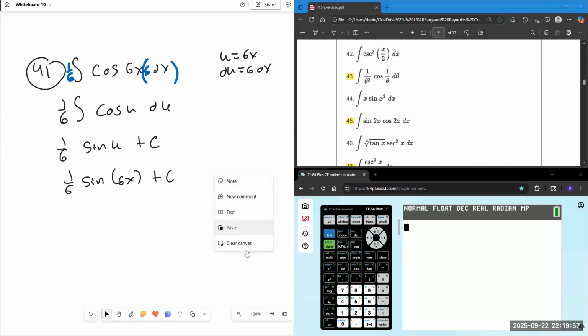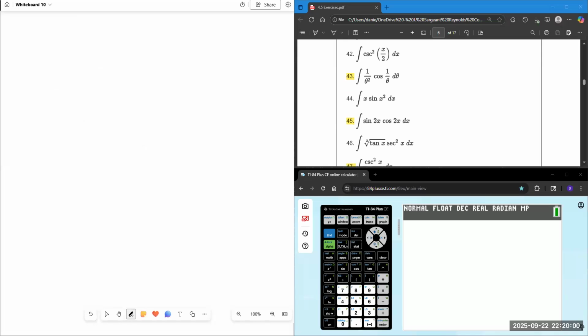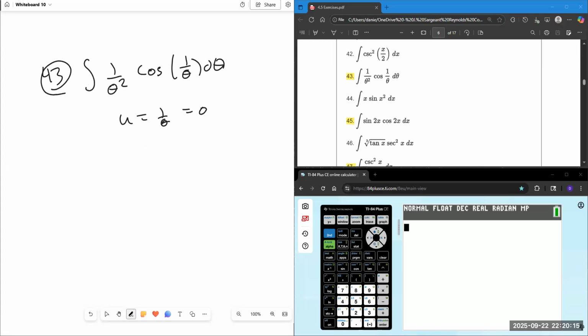Let's look at 43 now. 43 says the integral of 1 over theta squared cosine of 1 over theta d theta. My u is 1 over theta, or theta to the negative first. Du is negative theta to the negative second d theta, or negative 1 over theta squared d theta.